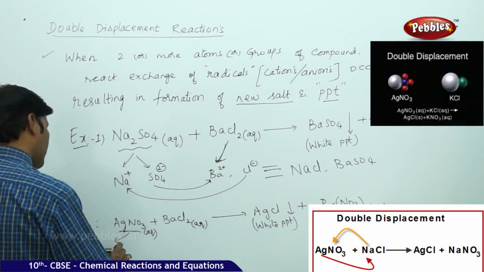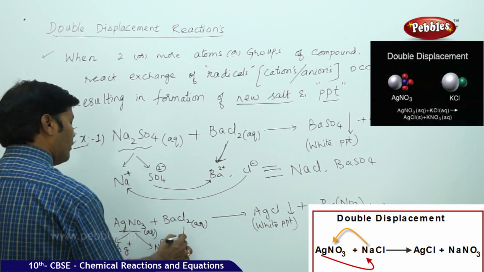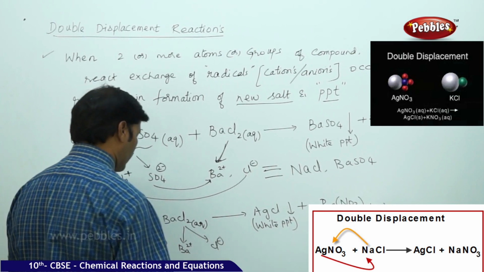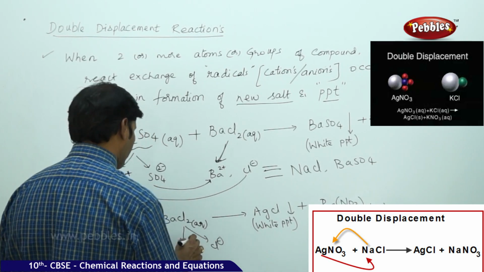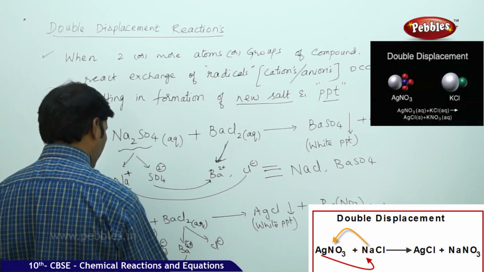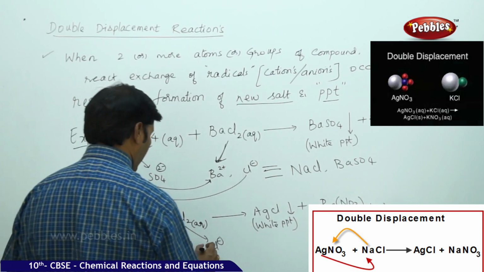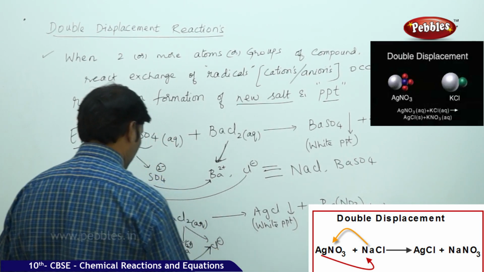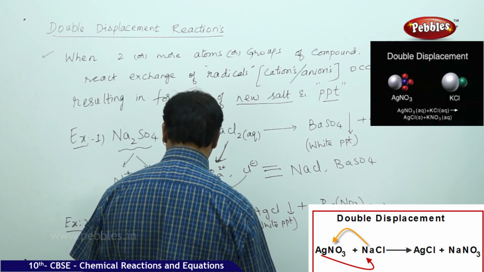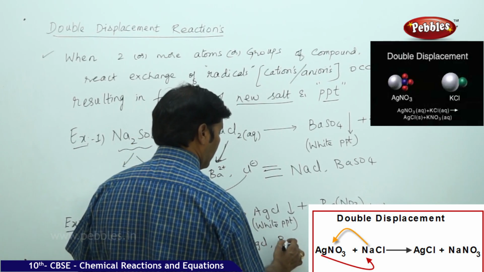In silver nitrate we have one Ag+ ion and one nitrate ion, and in barium chloride we have one barium ion plus chloride ions. So exchange of ions is taking place here. Barium is being exchanged towards nitrate, and silver ion is getting exchanged to chloride ion. So this is the kind of exchange taking place, and therefore we get two compounds: one is silver chloride, another one is barium nitrate.